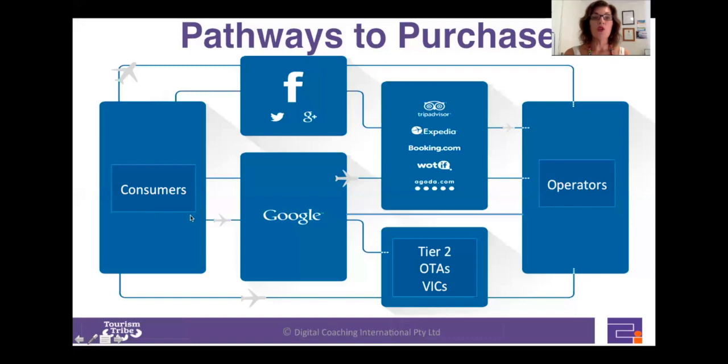You've also got people coming to smaller tier or lower tier, Tier 2 online travel agencies, visitor information centres, and regional tourism websites, for example, like Fraser Coast Tourism, Queensland.com. They account for around about 30% of internet or website visits in the planning phase.